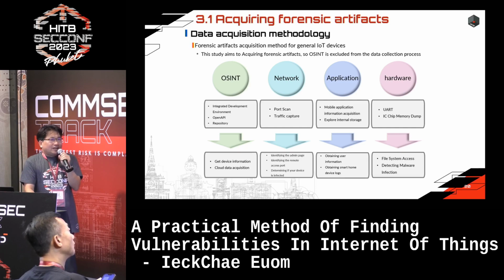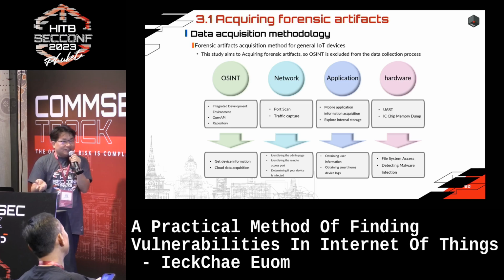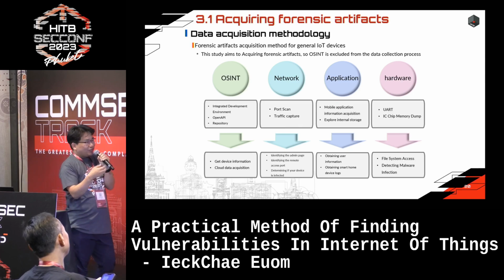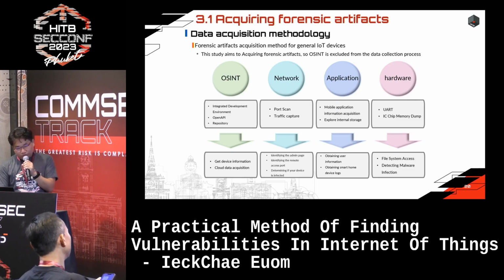But in those days, most of the communication, like ZigBee or Bluetooth, had not adopted encryption. But nowadays, most near field communication, such as Bluetooth, NFC, and Z-Wave, is using encryption. So most of the data is encrypted.